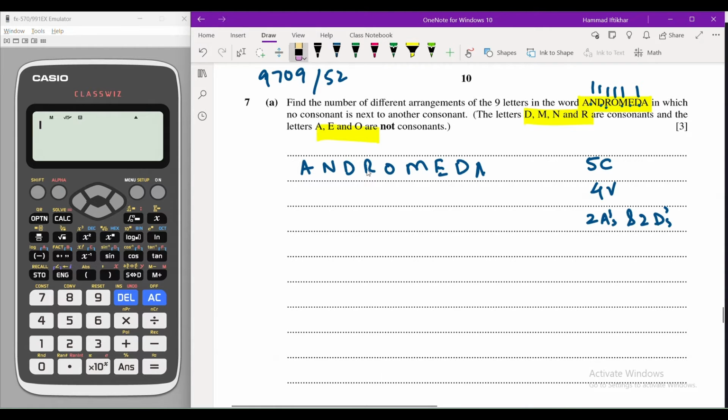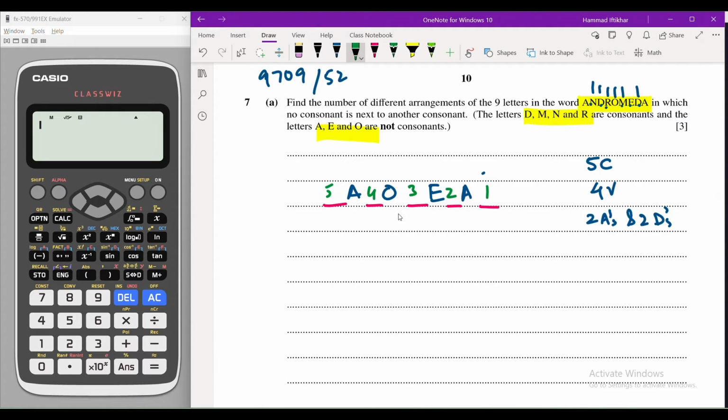So if we just simply delete the consonants, we have A, O, E, A. Now, the places for the consonants, since they do not have to be next to each other, are this, this, and this. And we have 5 consonants to select from. So for the first one, we have 5 choices: 4, 3, 2, and 1. So this is just 5 factorial.